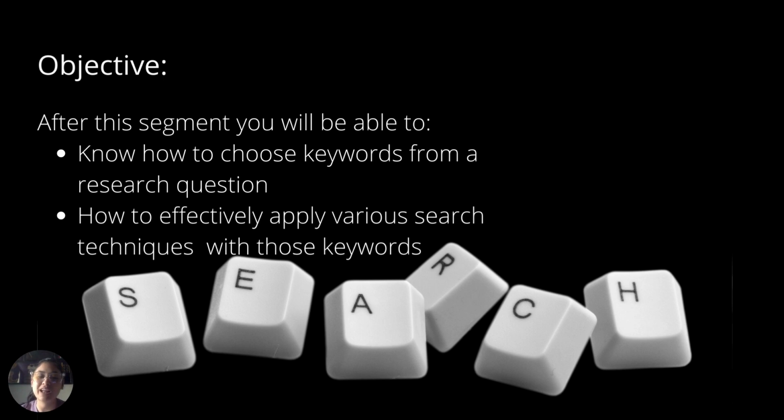Also, how to apply different searching techniques. As you know, in this unit, we go over quite a bit of different searching techniques, from nesting to Boolean operations to just plugging in a specific word and using that in our databases.